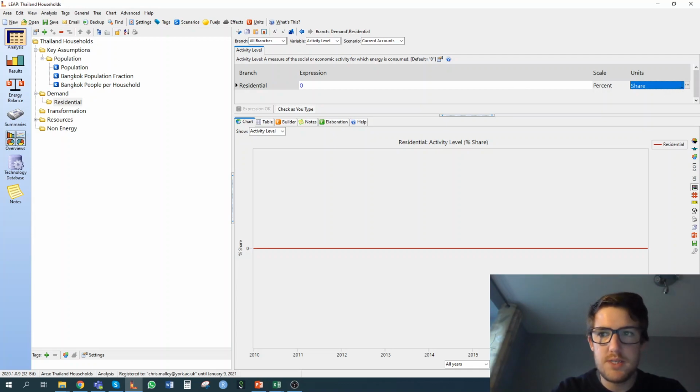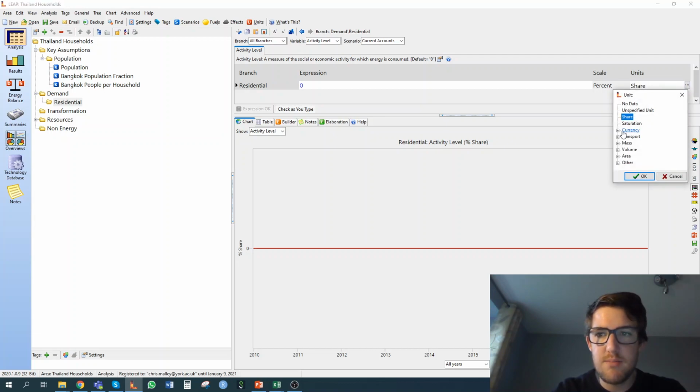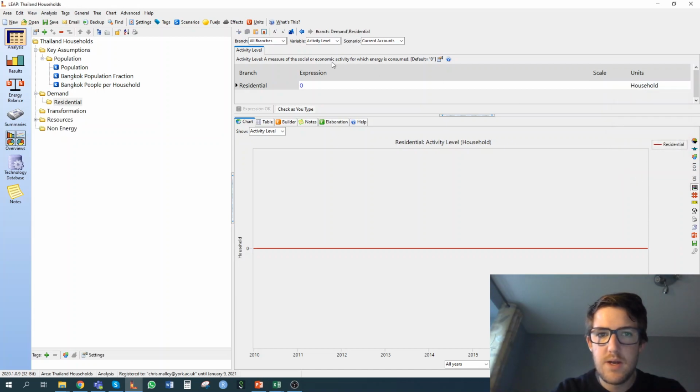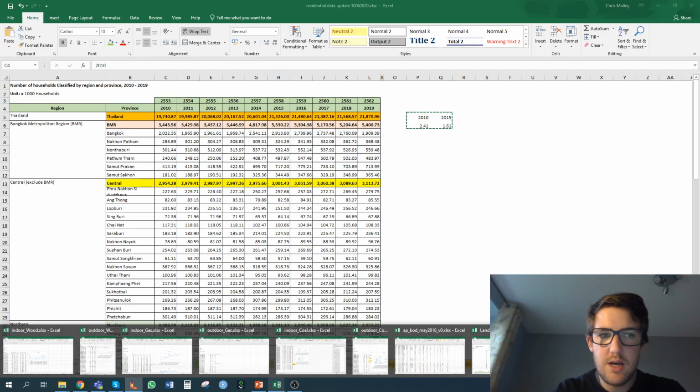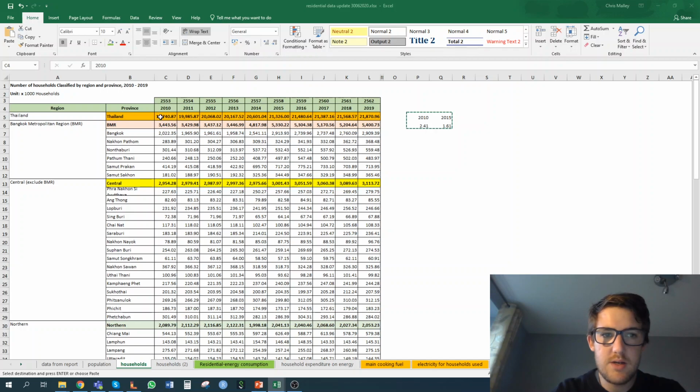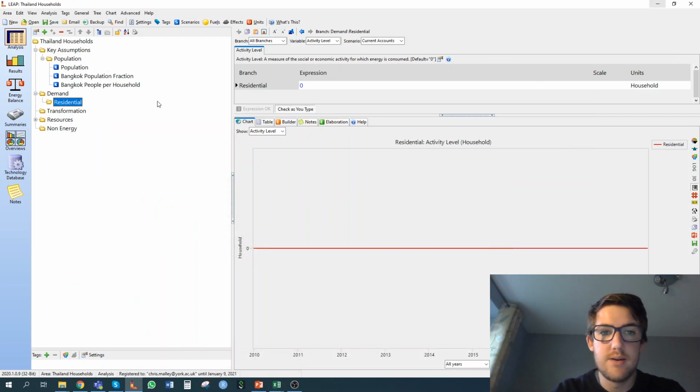So I've got my residential sector, and I have two options here. I can change this to the total number of households, and I can enter in the total number of households that we have in the country at this top level. So I can enter that value there.